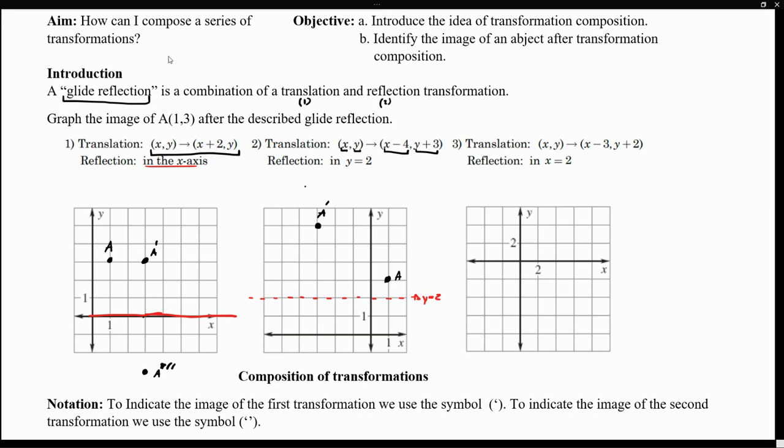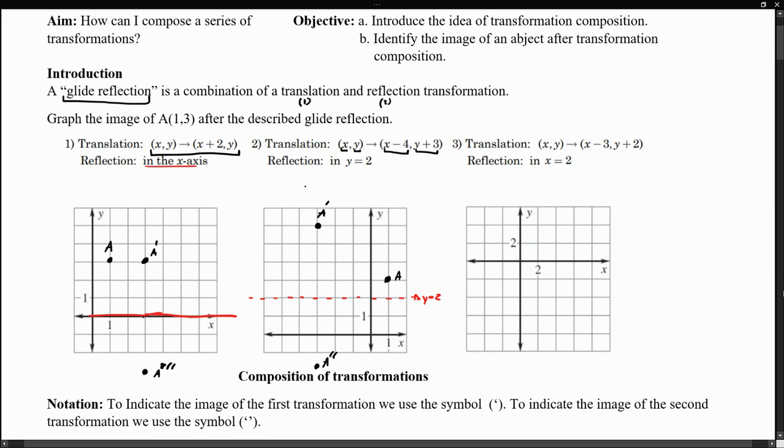If we reflect it over this line, I know that the distance should remain the same. If A prime is 1, 2, 3, 4 units away, then the reflection should be 4 units away from the line as well. Let's just say that it's somewhere around here. Notice that this point is the product of performing two transformations. Therefore, this point should be labeled A prime prime. We perform one transformation, so that's A prime. We perform a second transformation, so that's A prime prime.